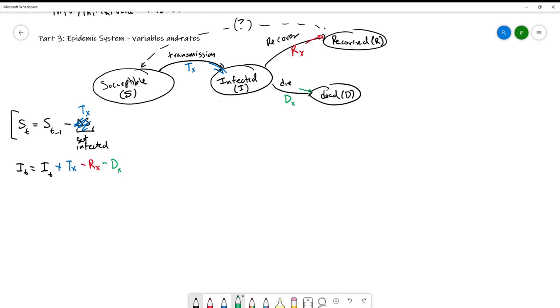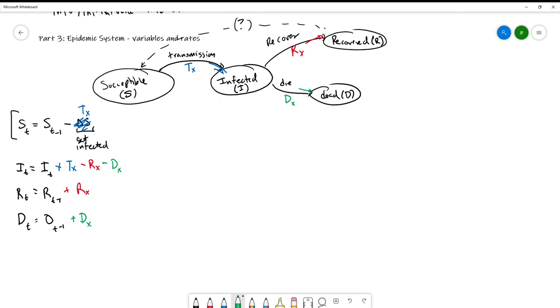So if I wanted to write down the number of recovered people at time t, that's equal to the number of recovered people at time t minus 1, plus the change in the number of recovered people. And the number of dead people at time t is equal to the number of dead people at t minus 1 plus the change in the number of dead people, the death rate.